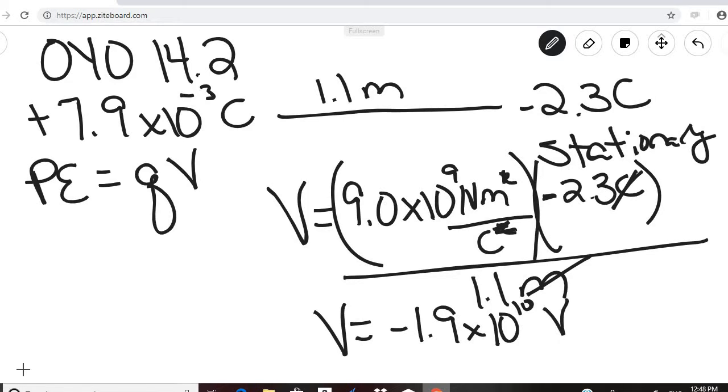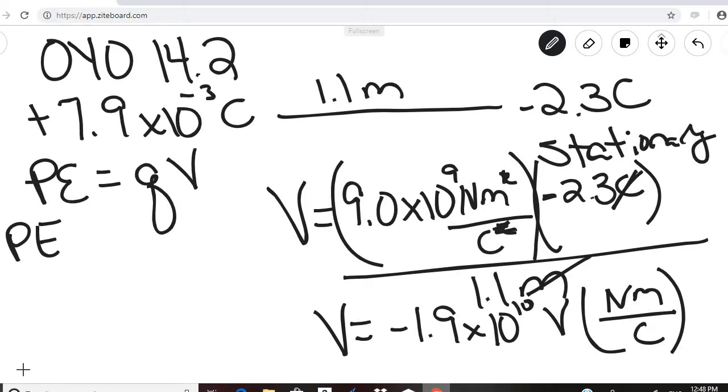And volts are Newton meters over coulombs. Okay, so now we know V, so now we can plug that number into our equation for potential energy.